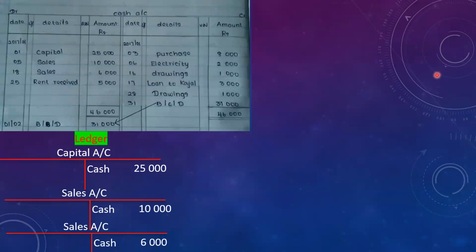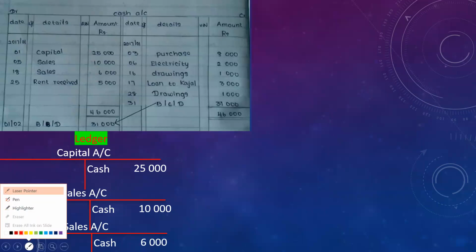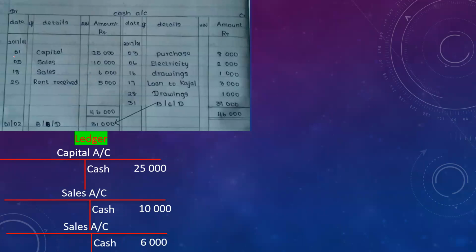Listen carefully. If there are two sales like this, we should not prepare two accounts.